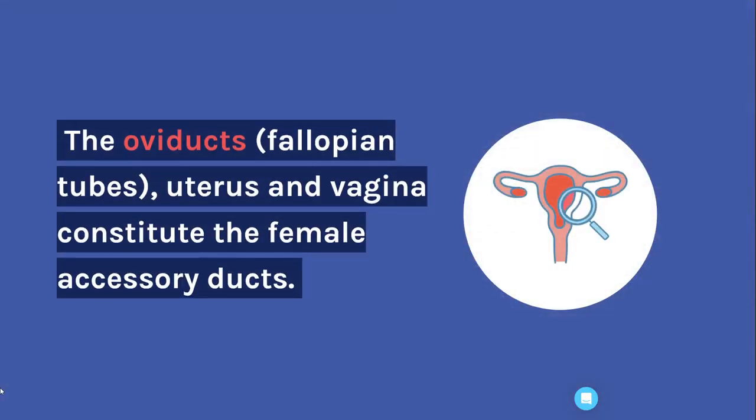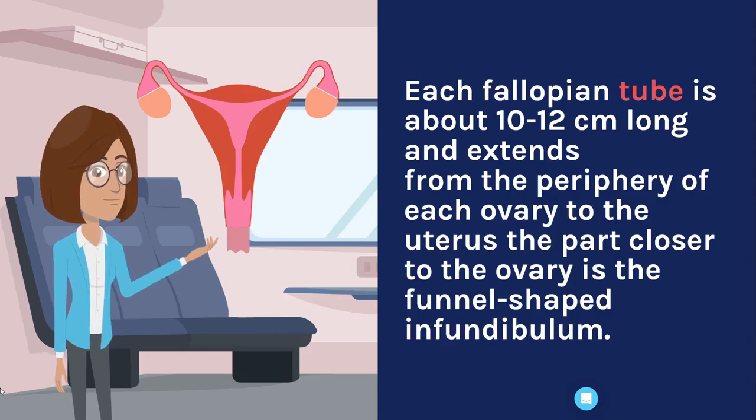The oviducts, fallopian tubes, uterus and vagina constitute the female accessory ducts. Each fallopian tube is about 10 to 12 centimeters long and extends from the periphery of each ovary to the uterus. The part closer to the ovary is the funnel-shaped infundibulum.